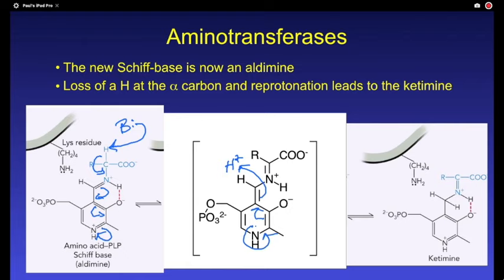All right, I create back the aromatic ring, very stable. I now have a carbon that has more hydrogens at this position, and I have a Schiff's base right between what once was the alpha carbon of an amino acid and the nitrogen of the cofactor.